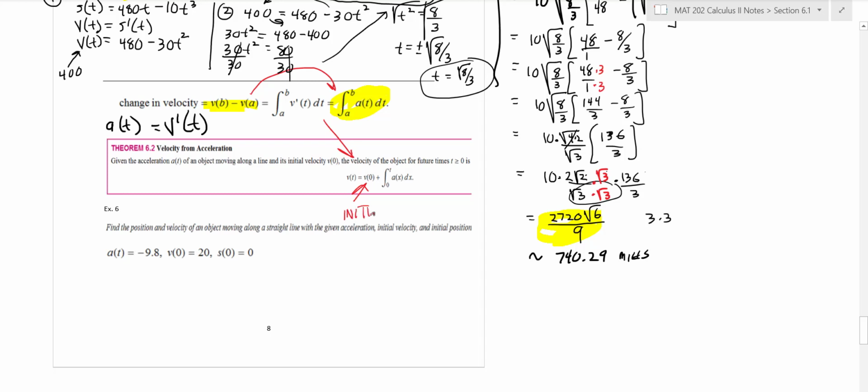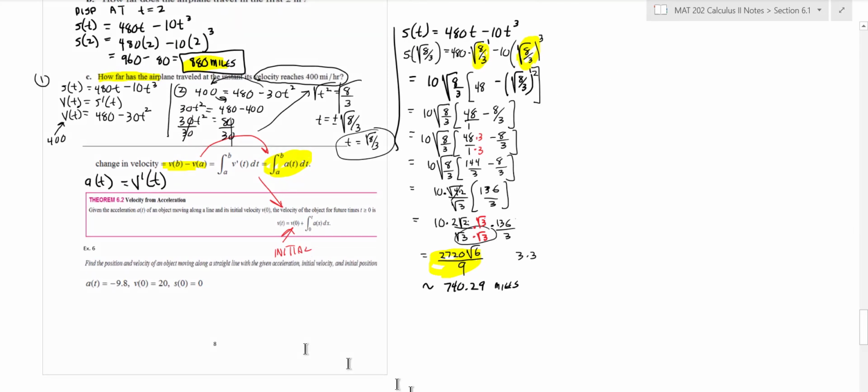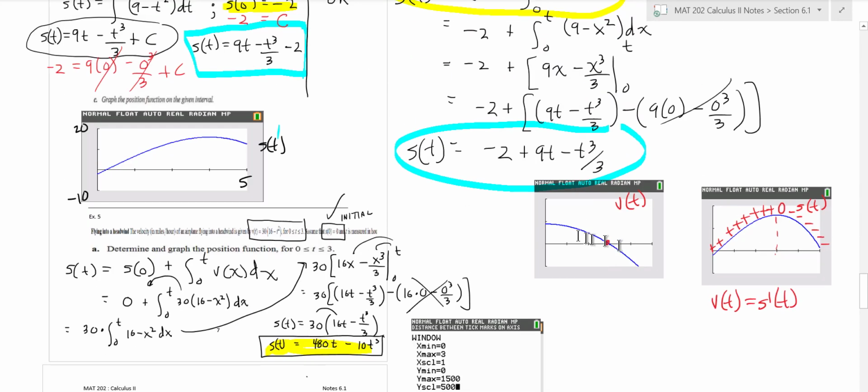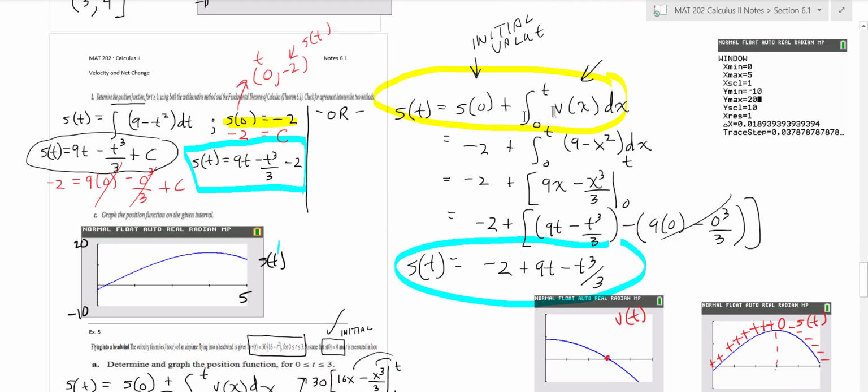Okay, this is a real similar idea to how you can find a position from the velocity. So this is analogous to this formula right here. This is how you get position from velocity. So if you just change everything, you would have v of t is v of 0 plus the integral 0 to t of a of x.